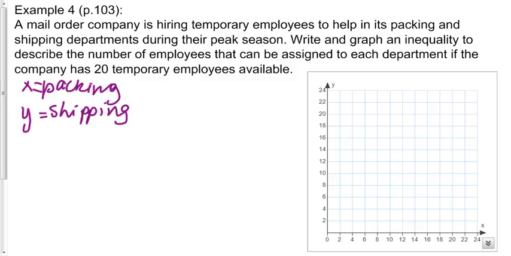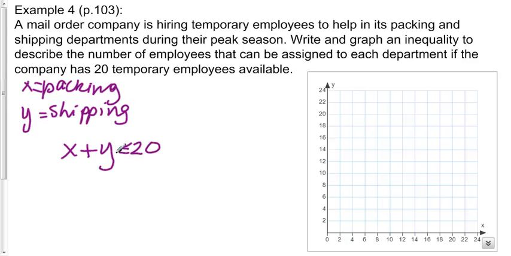Okay, packing and shipping, but we're talking about people here, the employees. The number of employees that can be assigned to each department is only 20. So that means that X, the number of packing employees, plus Y, the number of shipping employees, has to be less than or equal to 20 people, 20 temporary employees that are available.